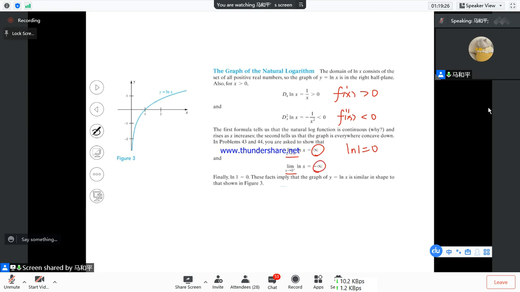So like this. This is the graph of y equals log x.